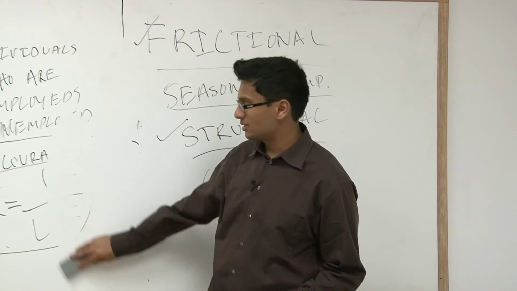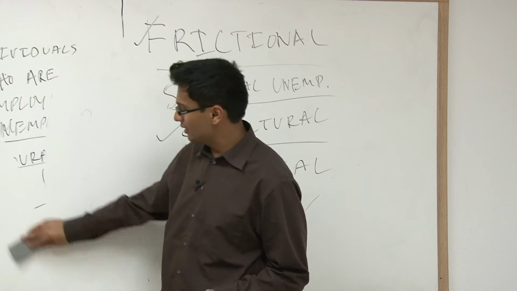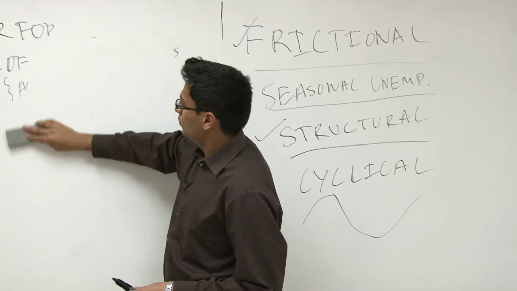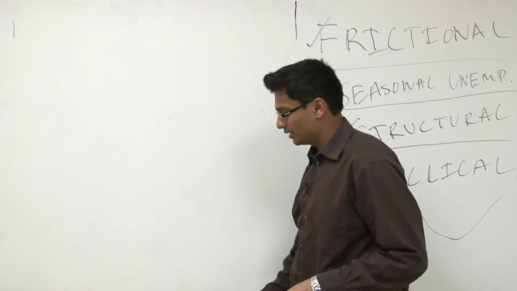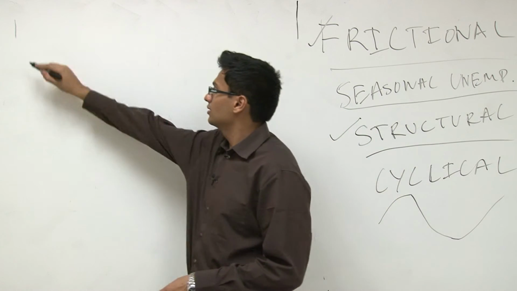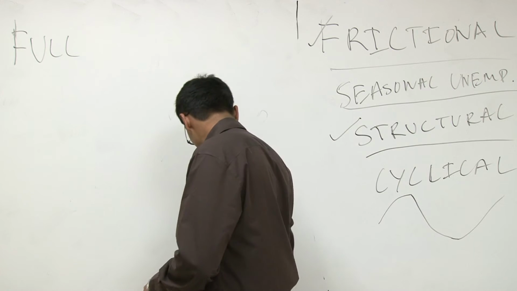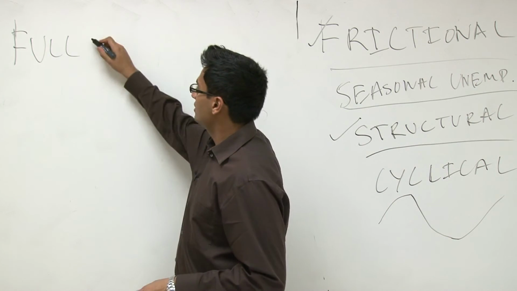So we now know that it's impossible to have 0% unemployment rate. Okay, 0% unemployment rate is not possible. So we define full employment.